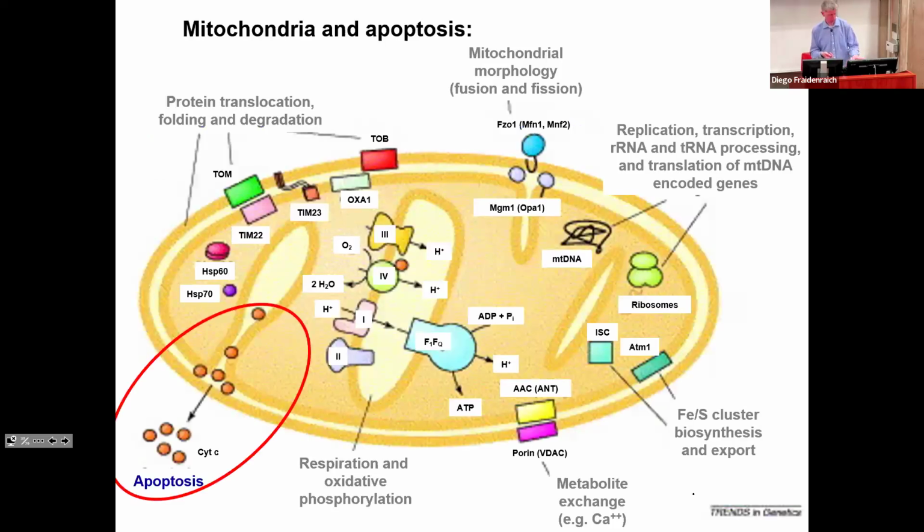Okay, so there would be just one or two slides about programmed cell death. This is also associated with mitochondria. It's in fact something that happens when a protein finds itself at a place where it shouldn't be.